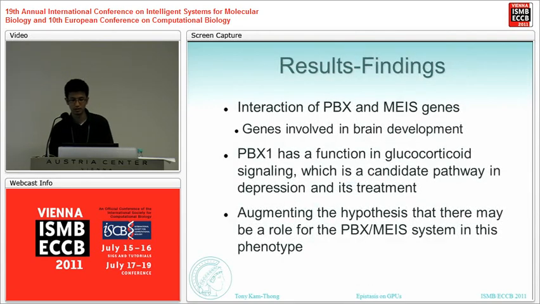In terms of results, we found that there's interaction between the PBX and MEIS genes, and these genes had previously been noted as involved in brain development. So this further augments the hypothesis that there's interaction between these two genes.